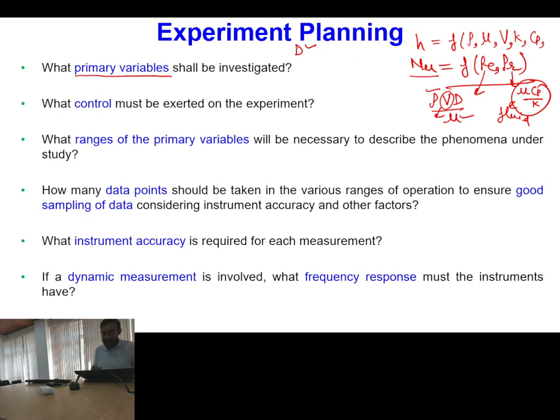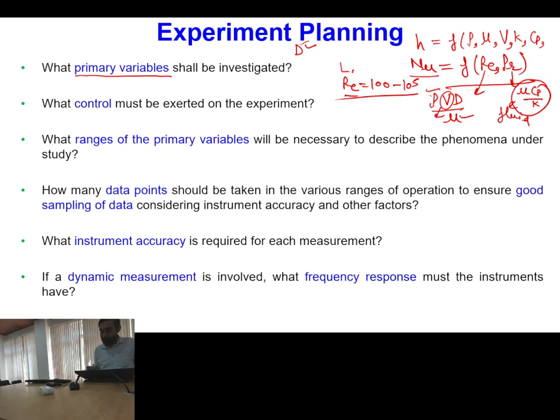So once I have decided D and the fluid, I need to check what range of Reynolds number I want to do the experiment. Say I need to do experiment from 100 to 10 to power 5. Then accordingly I can calculate the minimum and maximum value of the velocity.